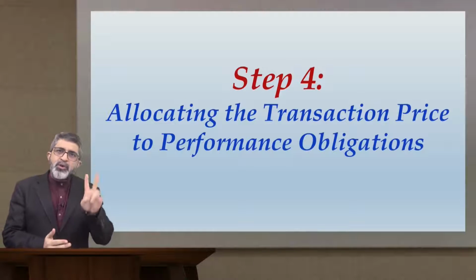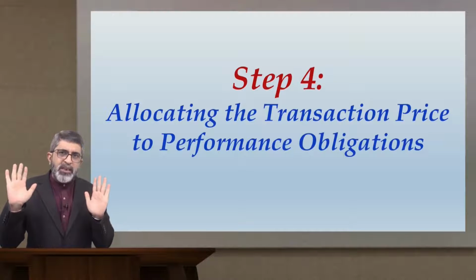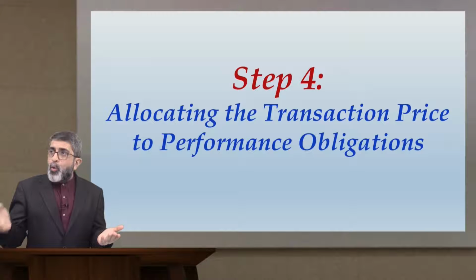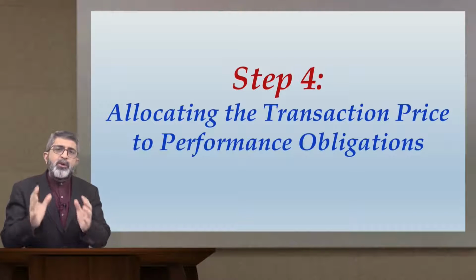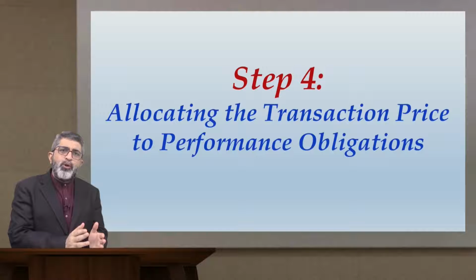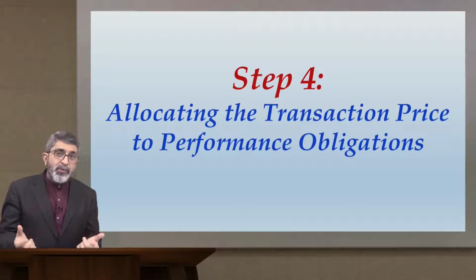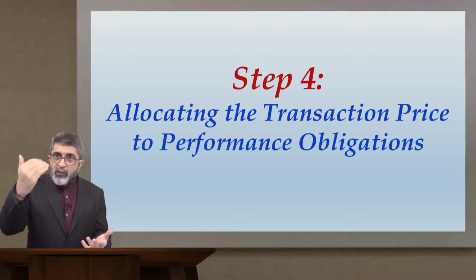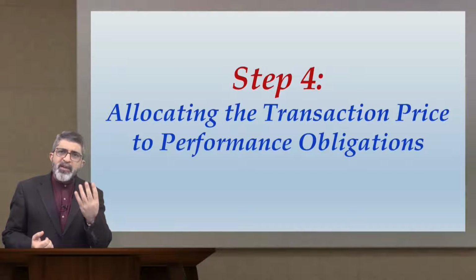Here there may be two different possibilities. Number one, there is a singular performance obligation. In that case, whatever transaction price you identified in the third step stands allocated entirely to that singular performance obligation. However, suppose there were multiple performance obligations, say 4 different ones.